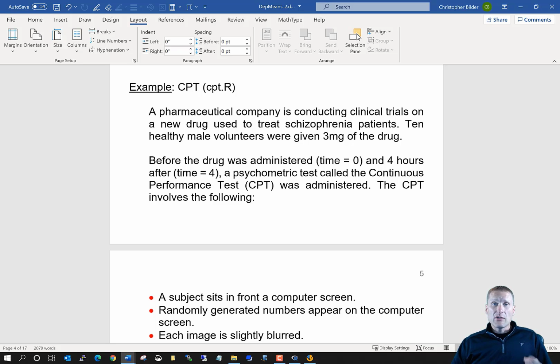Phase 2 continues looking at that, but now it looks for a third item: is the drug effective? Meaning, does it, let's say, cure someone of a disease or help them manage a disease. Then a phase 3 clinical trial deals exactly with what phase 2 does, but now it uses much, much larger samples to provide a definitive answer of: is the drug effective?